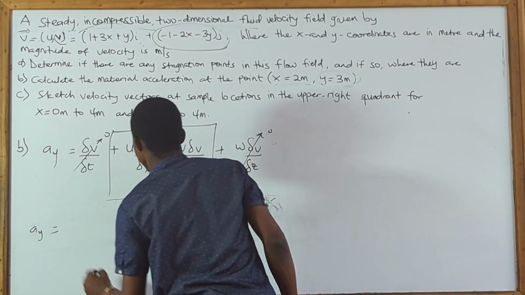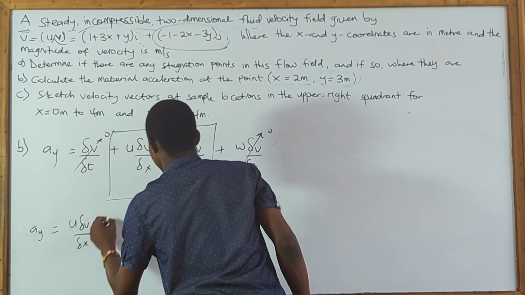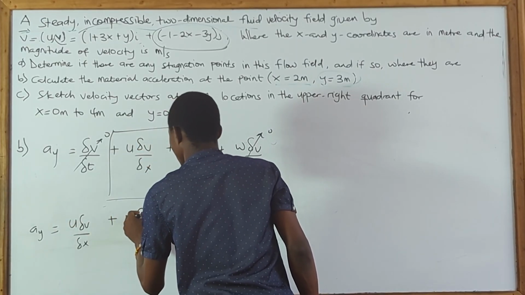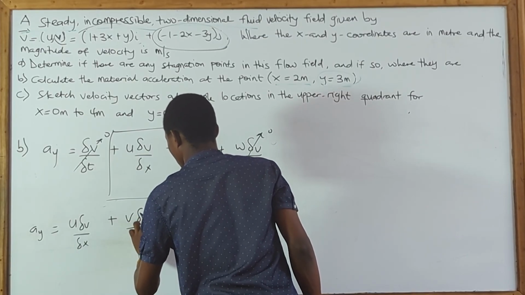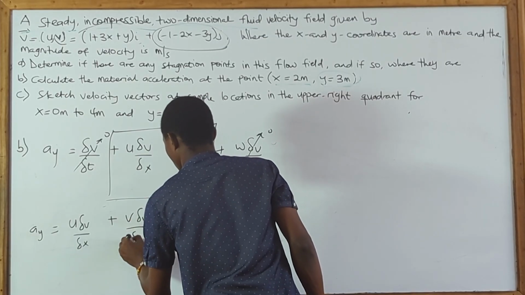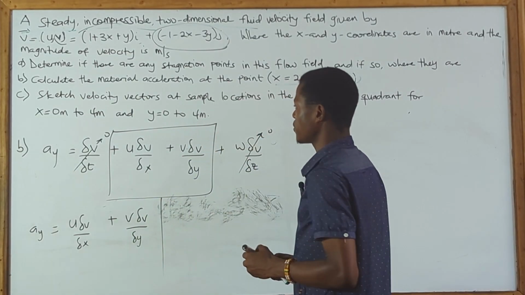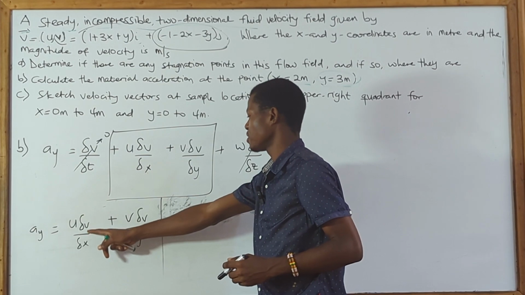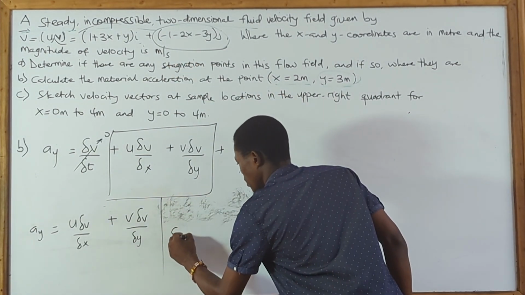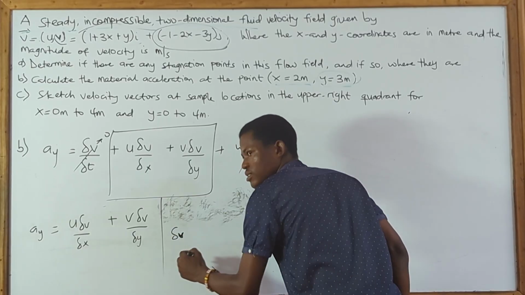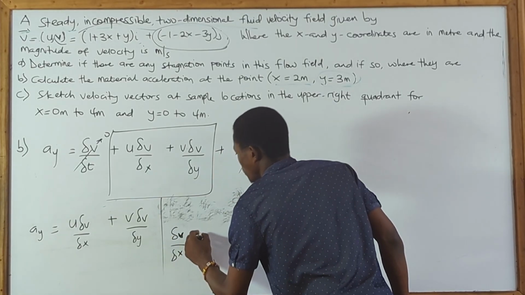So ay is equal to u dv dx plus v dv dy. Now let's differentiate v with respect to x.